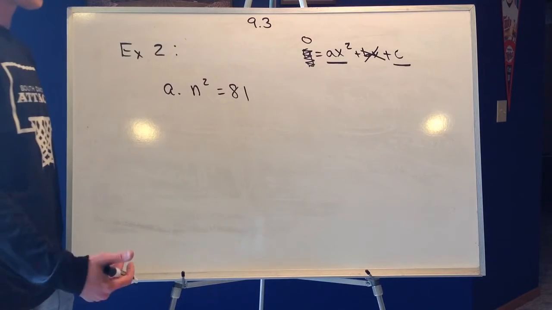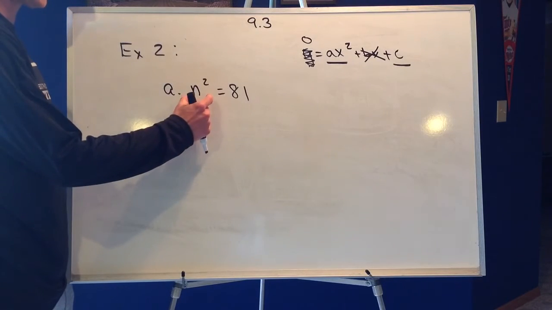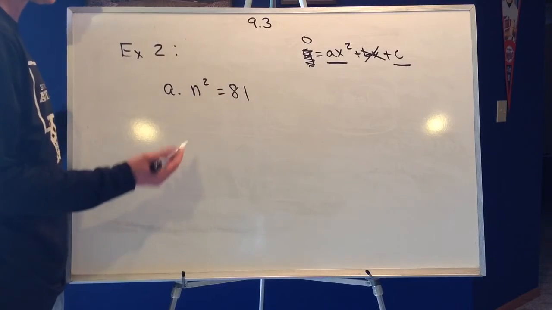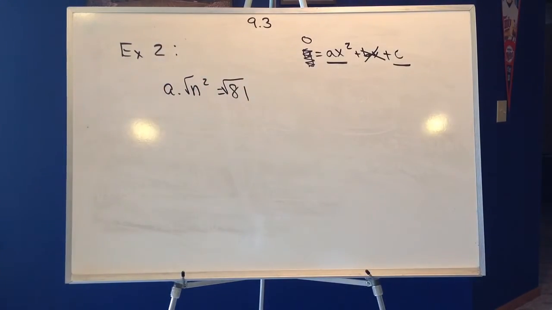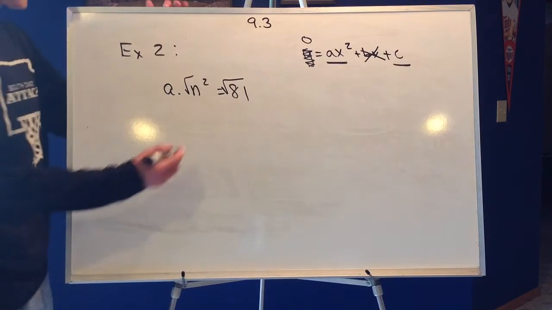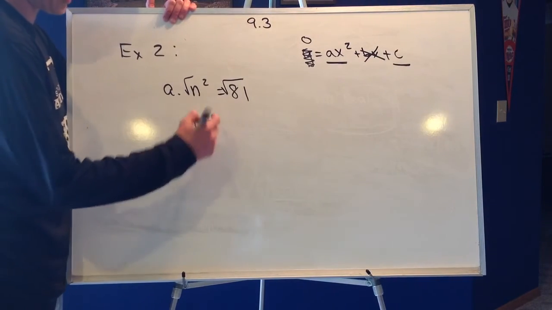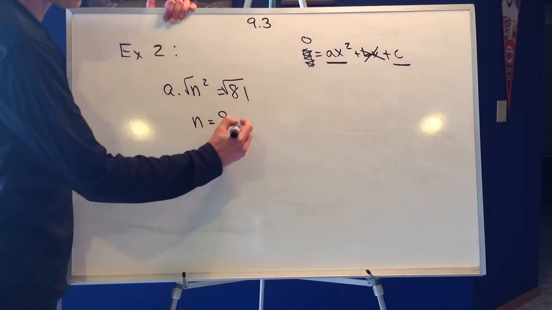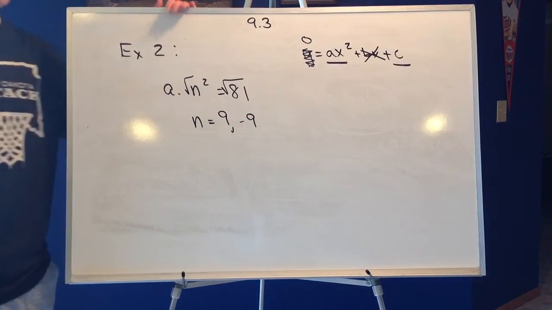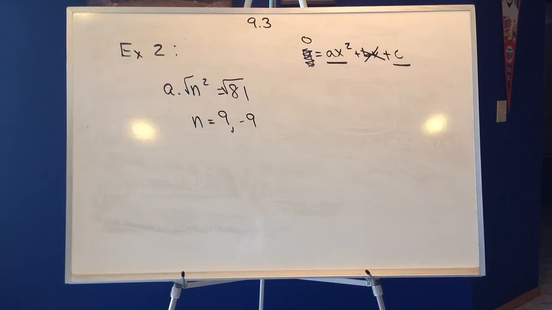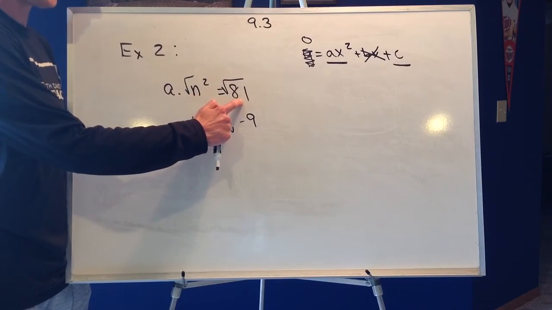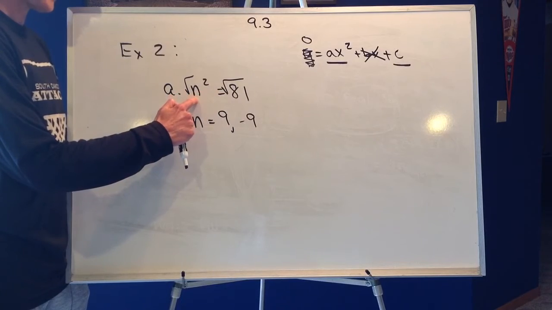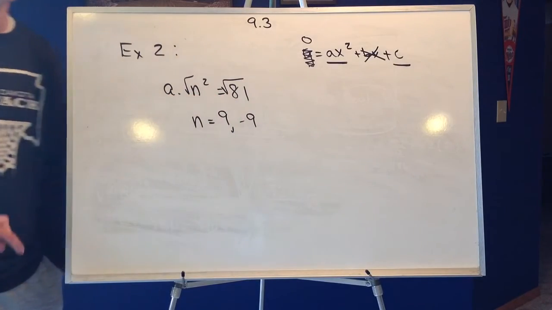Okay, so the whole goal of the square root method is to get the variable by itself, which it is here. And once you do, the opposite of squaring something is to take its square root. Okay, so that means once I take the square root, I get 9. And we're also going to get negative 9. Okay, and that's something you need to take into account because if I square 9, I end up with 81. But if I square negative 9, I'll also end up with 81.